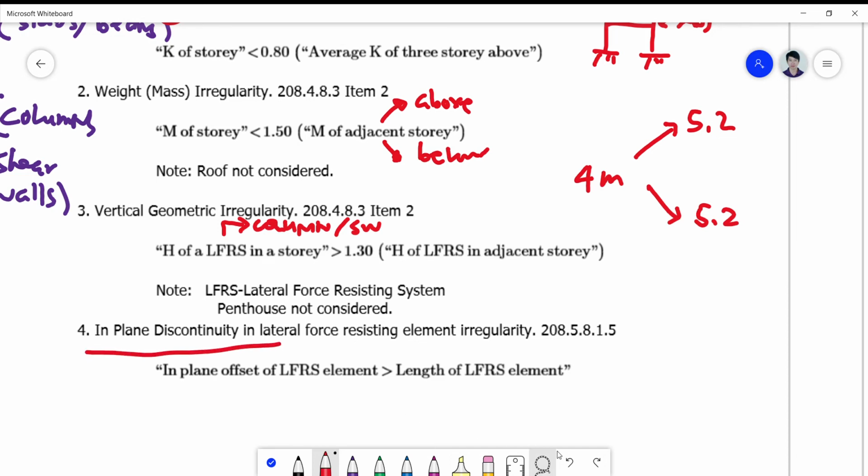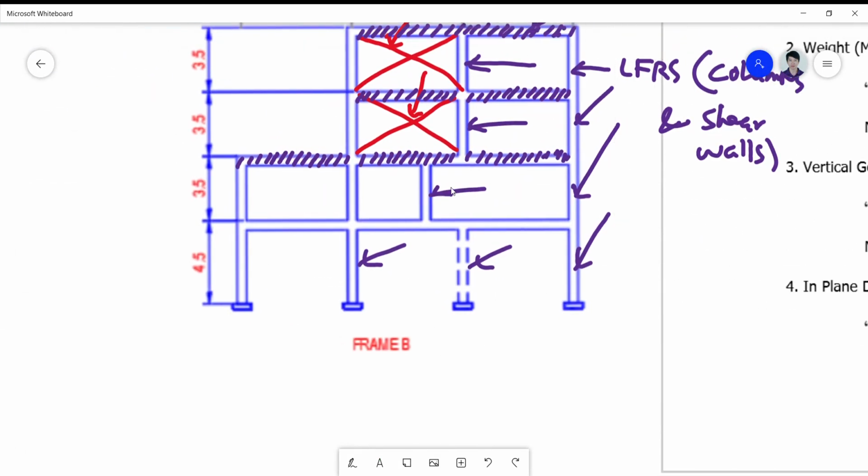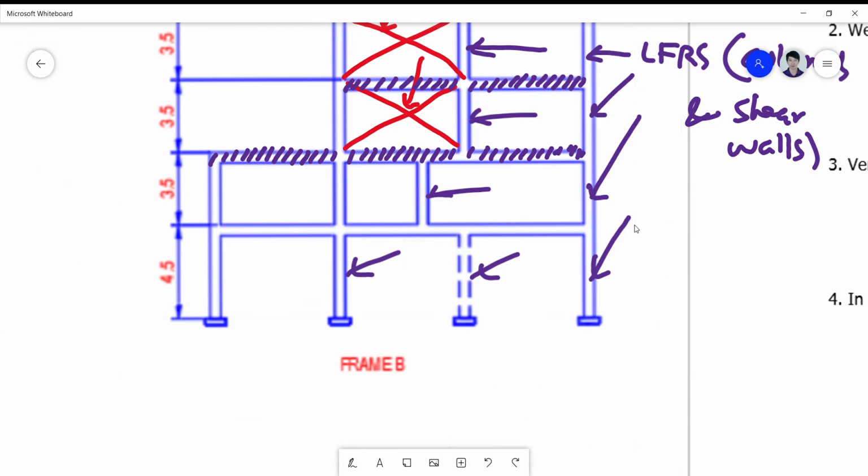The in-plane discontinuity can be visualized in this figure here, wherein if you look at the columns, they are all straight from top to bottom, while at this portion here, there's a discontinuity. When you say discontinuity, the column was cut here and moved here. So this is now an in-plane discontinuity.